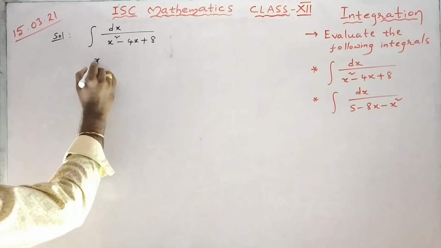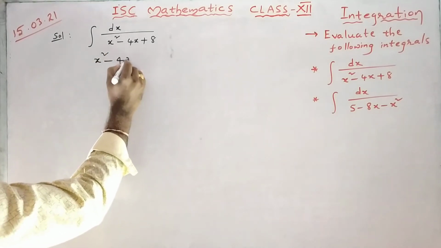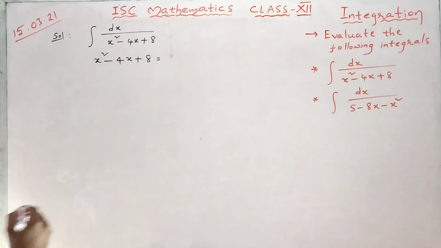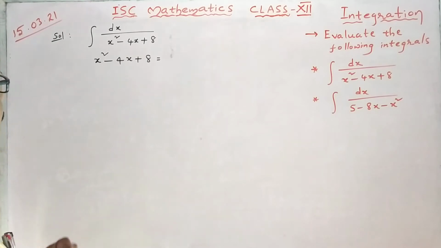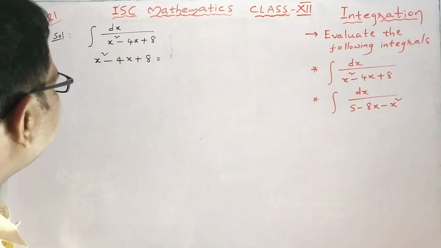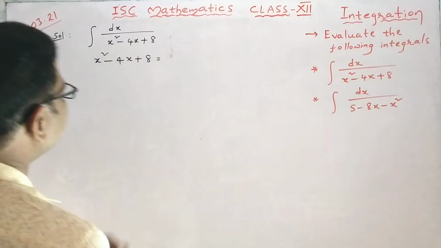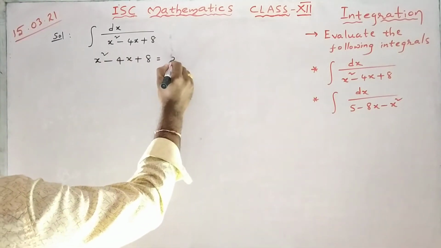Take the expression first. You have to remember one thing: the coefficient of x square should always be 1. Here it is 1, so there is no problem. First write x here.